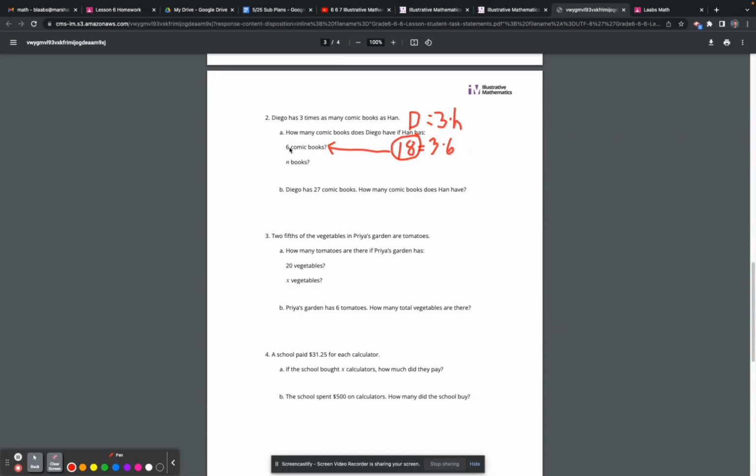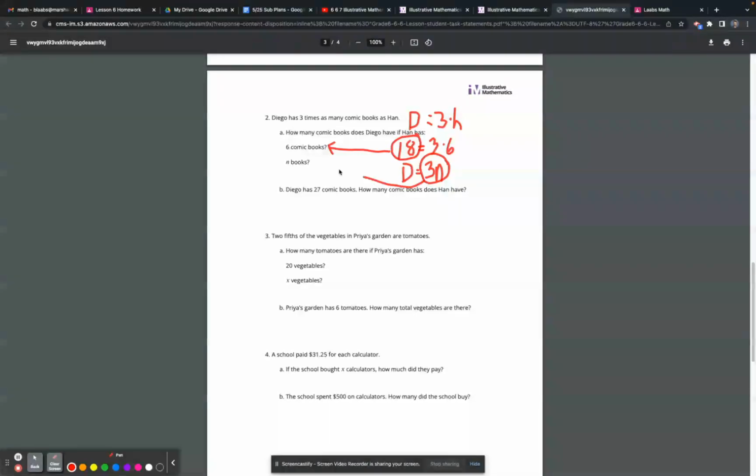Now it replaces 6 with N. Okay, so where we have H, we can write that as Diego's amount will be 3 times N books. So we can write it as 3N. And that's then how many comic books Diego would have, is 3N.